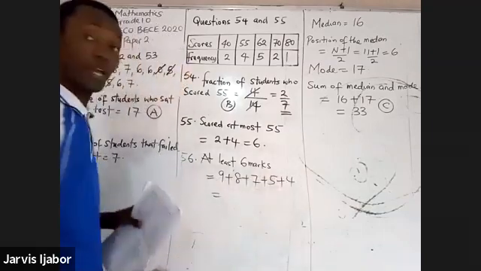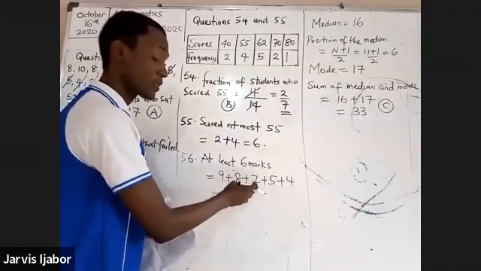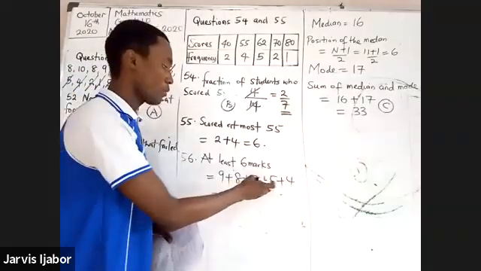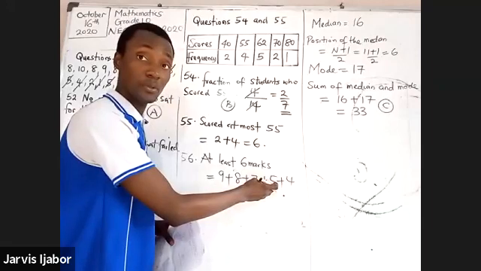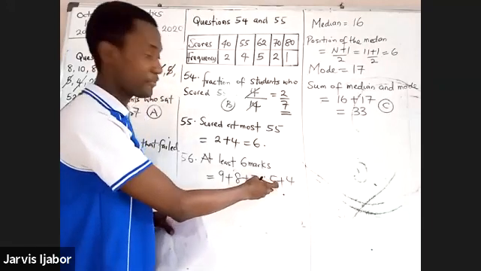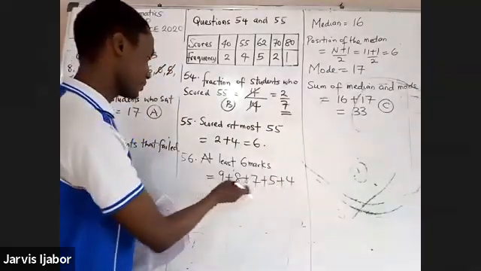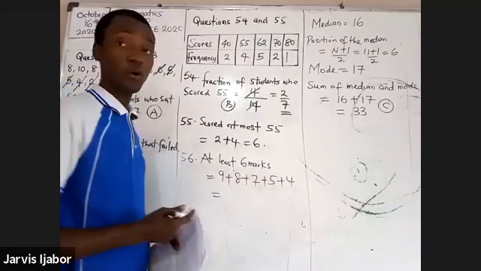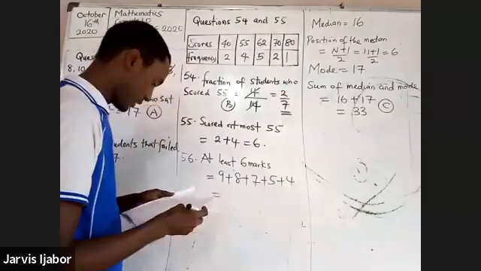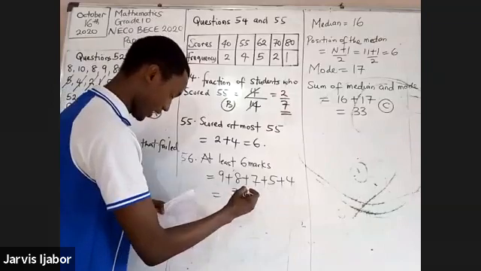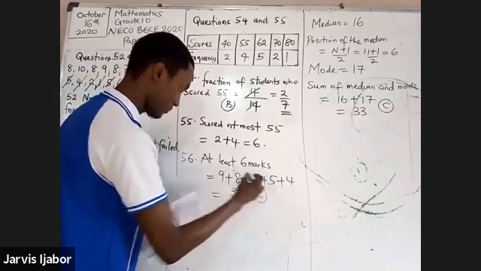To add everything together, 17 plus 7, 24 plus 5, that should be 29. 29 plus 4, that will be 33, if I'm right with that. So that answer will be C.